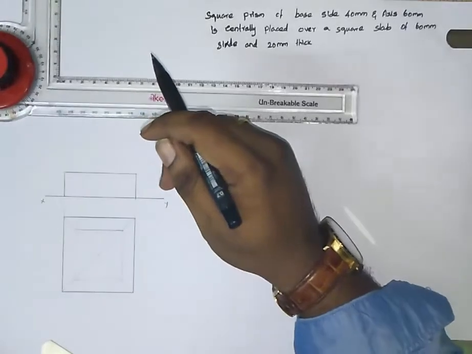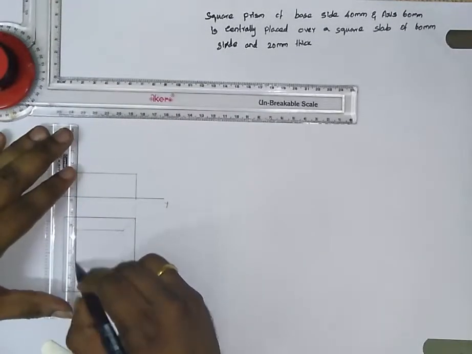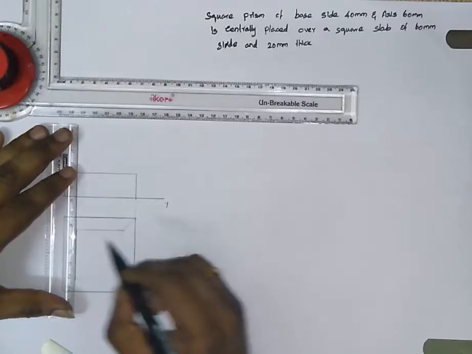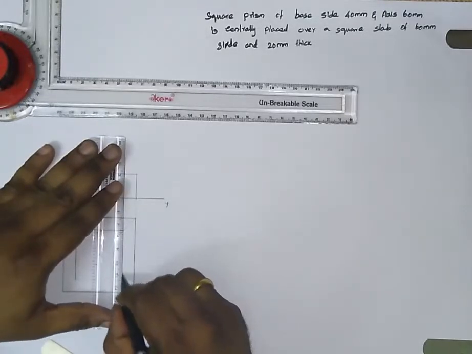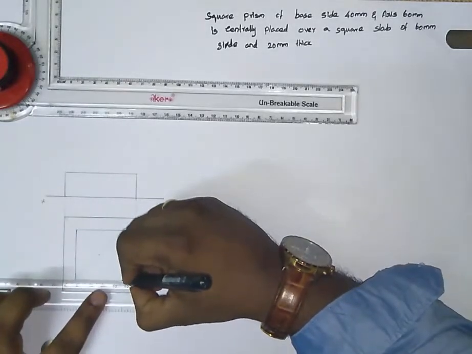Now just thicken all those lines, and you will get the top view of the square prism like this.